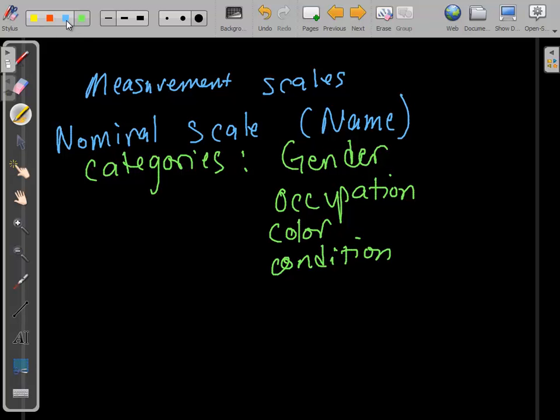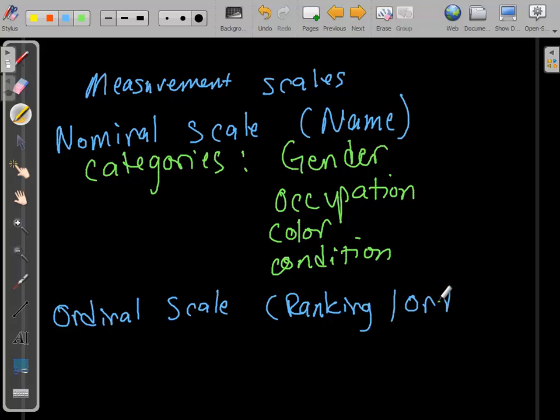Okay. The other scale that's often used with discrete variables would be the ordinal scale. For this one, think ranking or ordering. So in other words, if you were going to classify something as the best, in terms of first place, second place, third place, so first versus second.